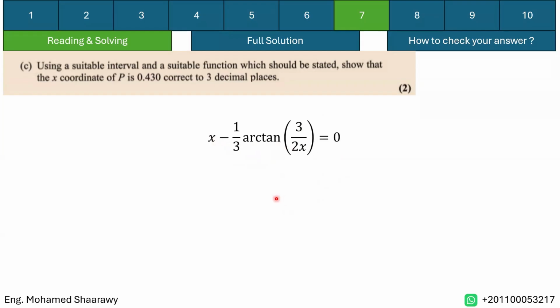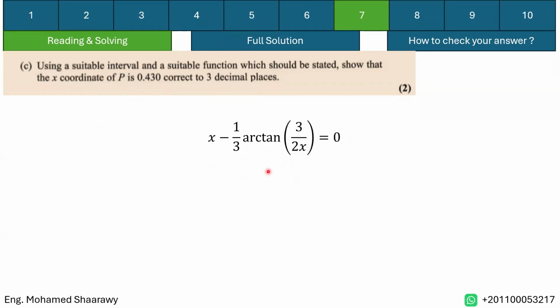Which means that the x which satisfies this condition, in other words, the x-coordinate of P, if it satisfied that this left hand side will be equal to 0, I can actually trust in this x. I can trust it as an answer to this equation, which actually was the original equation I needed to solve in order to get it.